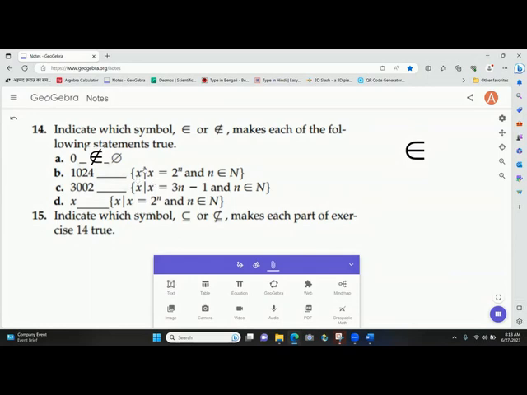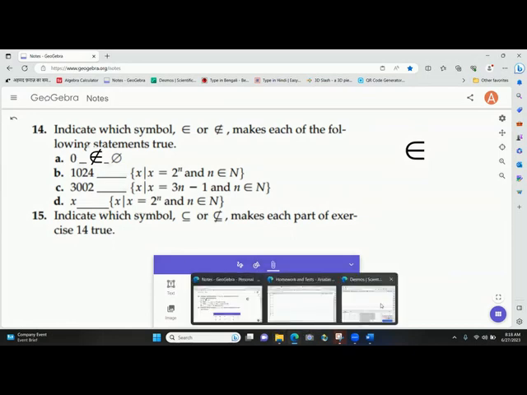What does this say? X such that X is 2 to the power n, where n is a natural number. Okay. The small n could be 1, 2, 3, 4, 5, 6. So I want to see if I can replace small n with a natural number and get 1024.